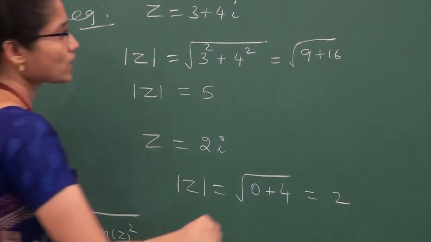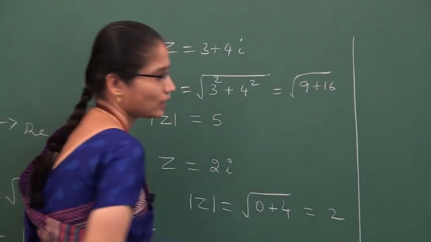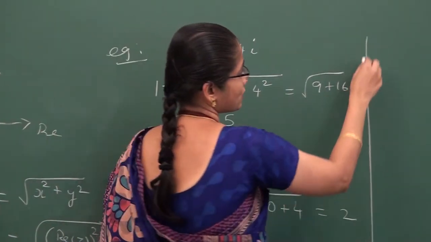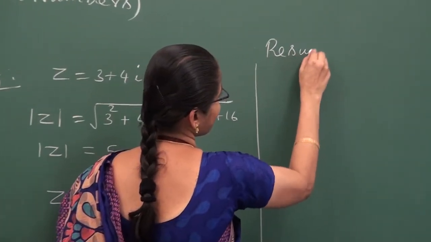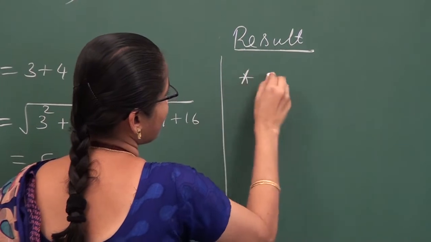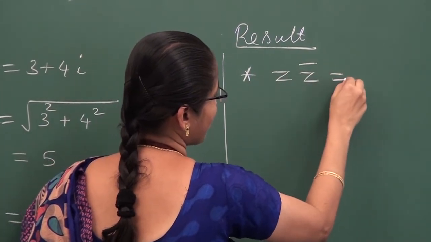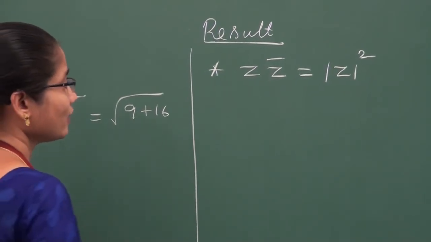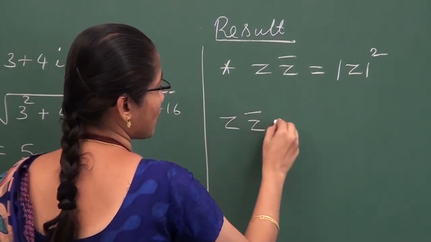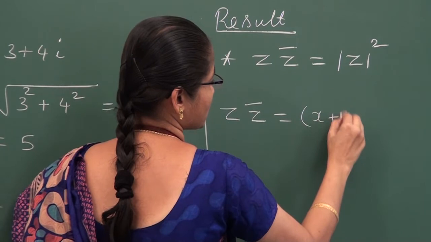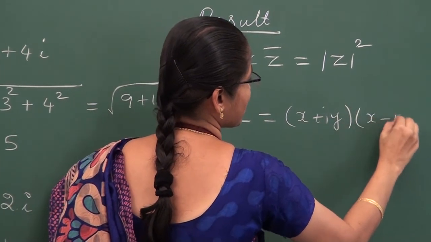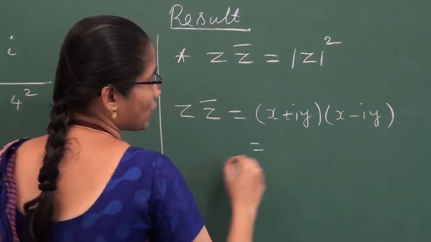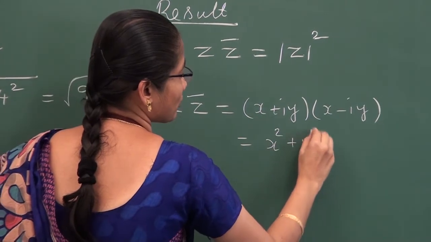Let us see two more results. First result, z times z bar is equal to modulus of z square. We already know that z times z bar is x plus iy into x minus iy. After multiplication, we will get x square plus y square.